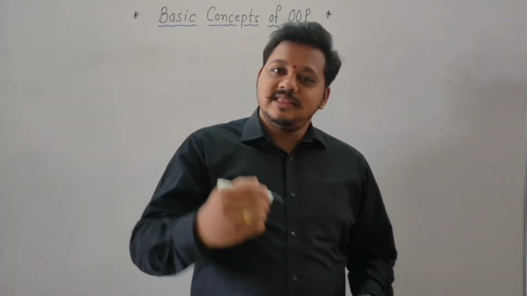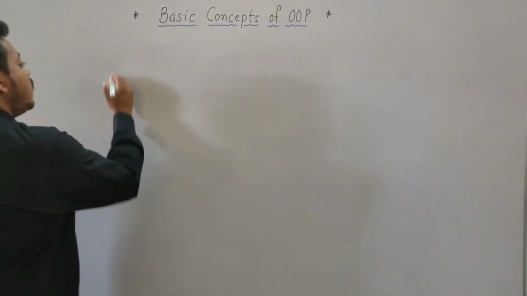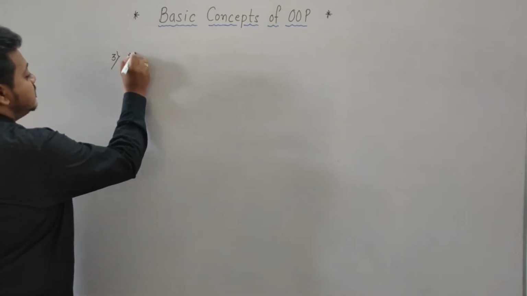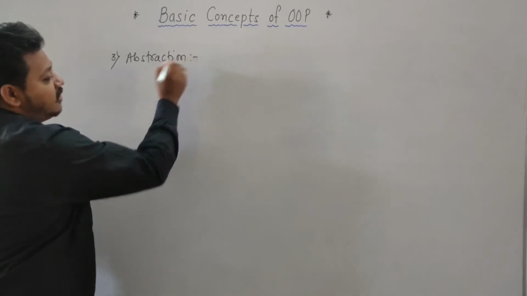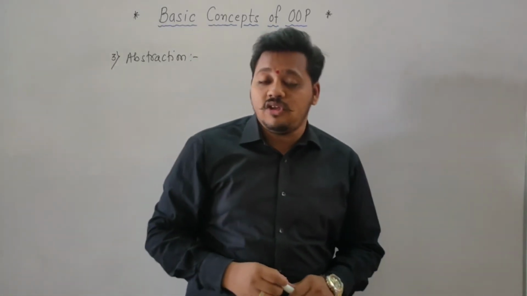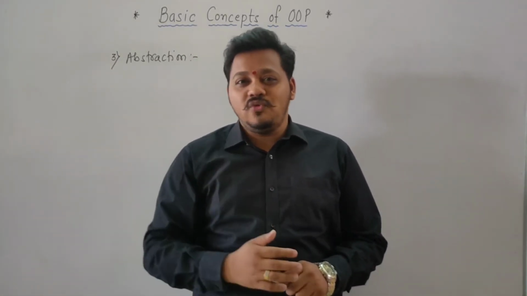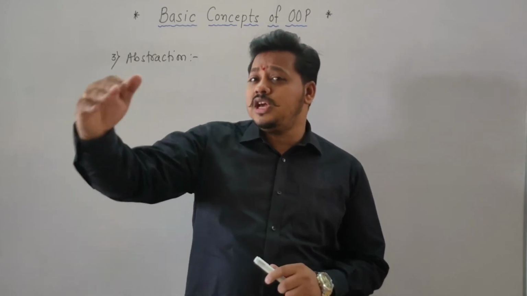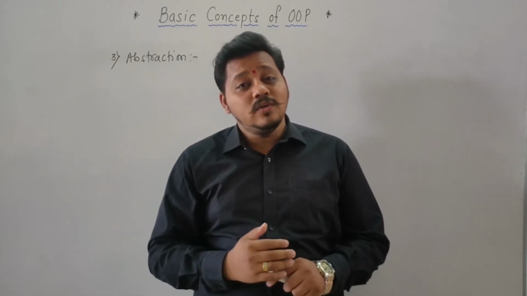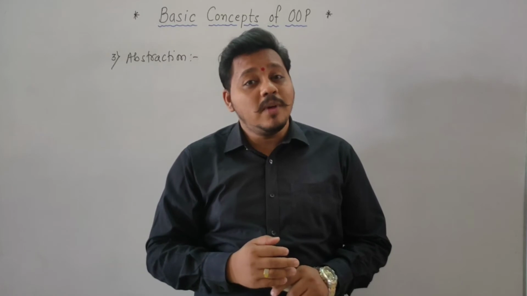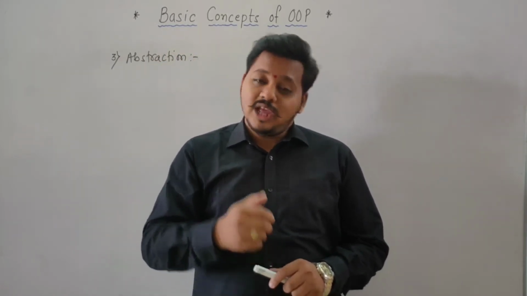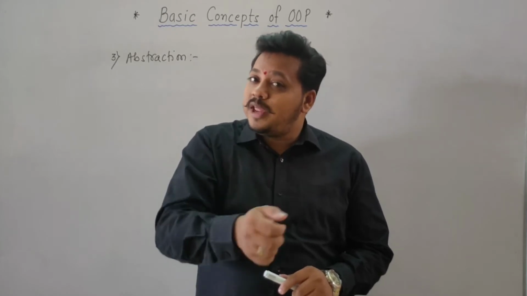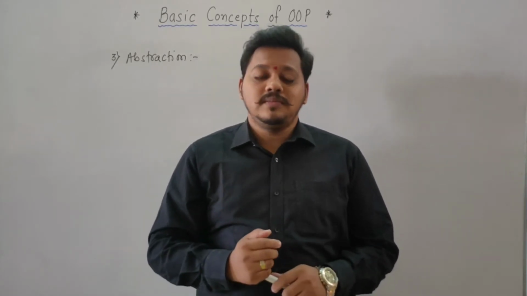So students, the third basic concept of object-oriented programming is nothing but abstraction. Now what is meant by abstraction? Normally we watch movies. If I want to increase the volume, what will I do? I just press the volume up button. If I want to decrease the volume, I will just press the volume down button.